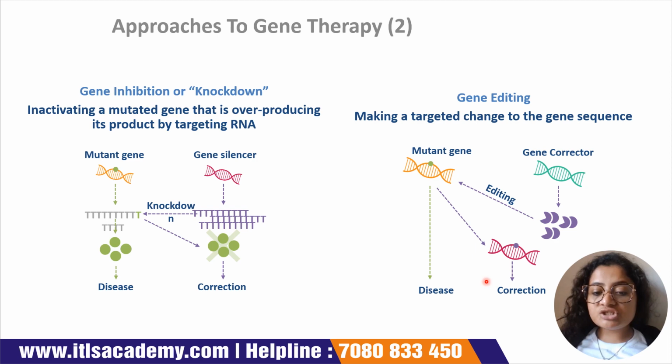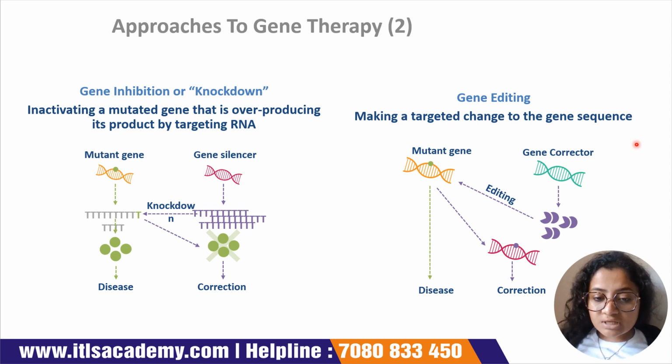Another option can be gene editing. So here what we are doing, we are just editing the sequences in the gene so that the mutation can be corrected, or so that the problem can be corrected. So it is making a targeted change to the gene sequence. What kind of targeted change? That will help in curing the disease, that will help in management or treatment of that disease.